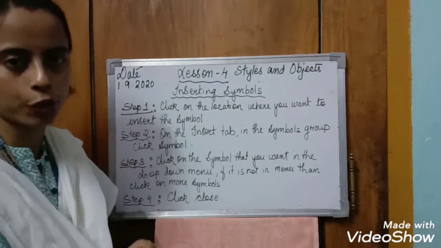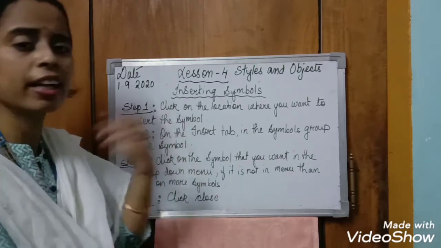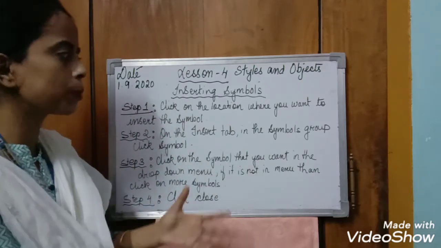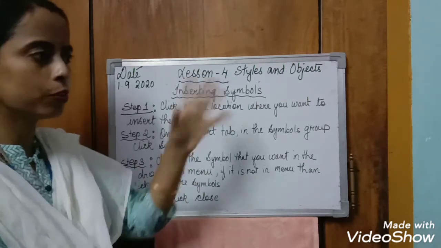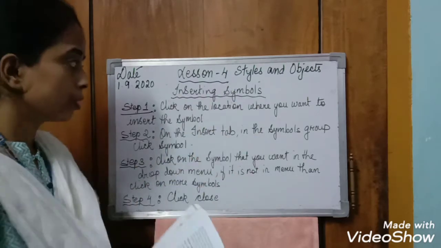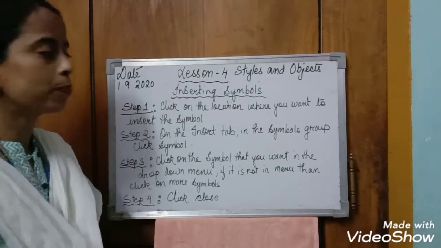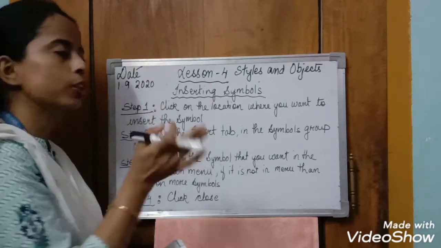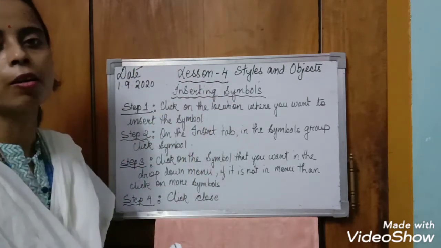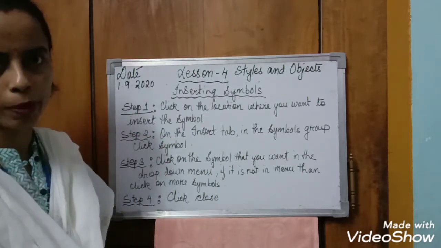Take 2-3 shapes and try to insert them in your Word document, and along with the shapes, try to insert symbols. Clear?